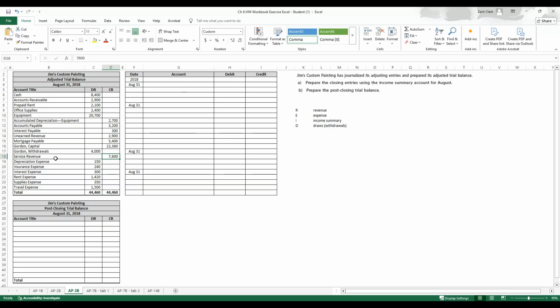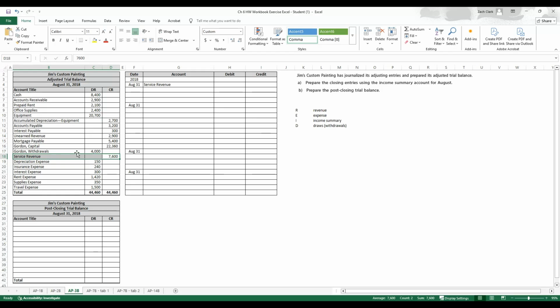Again, what we want to do is basically reverse the balances down to zero. So let's start with revenue. We can see that revenue is a credit balance of 7,600. In order to reduce or close it, we're going to debit that account.